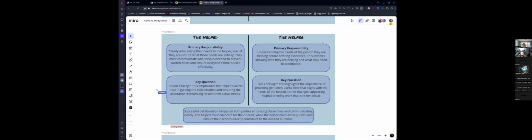Is what I am doing helping you? That's a question they'll be asking the whole time if you're the helper. And it highlights the importance of the actual help being authentic, genuine, and actually useful, right? Rather than just appearing useful, checking the boxes, filling out the time card. We know that there's benefit being had here. People are getting where they're trying to go.